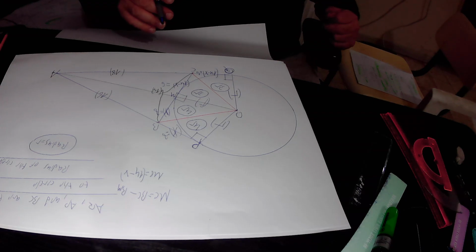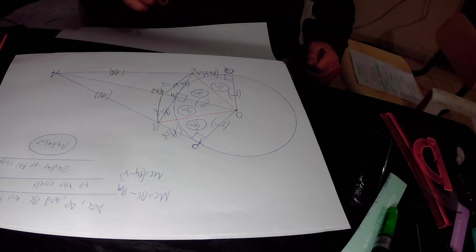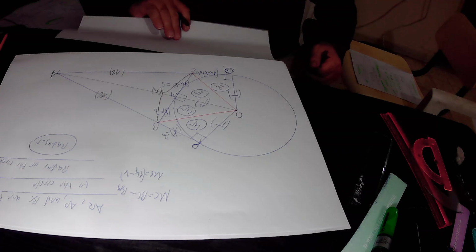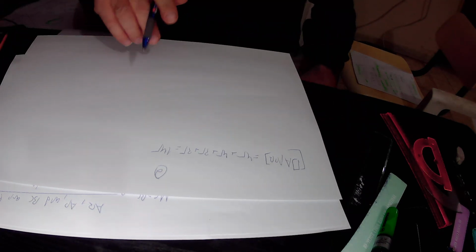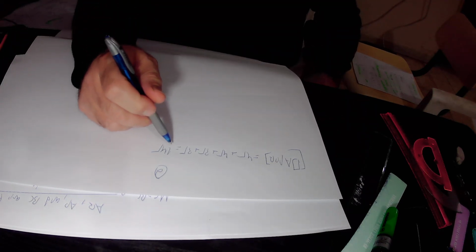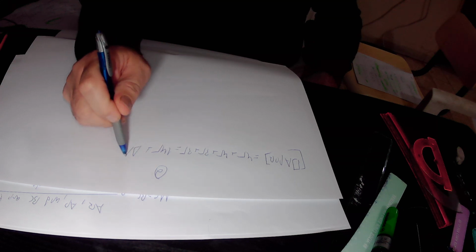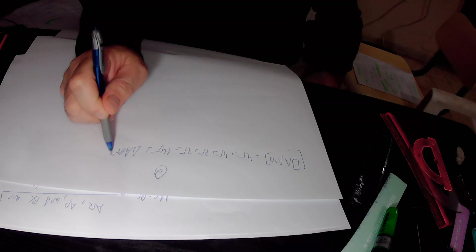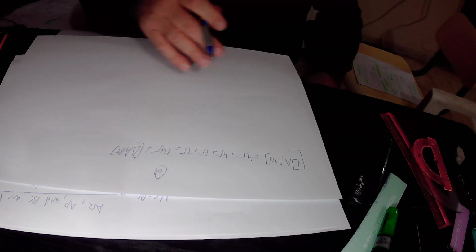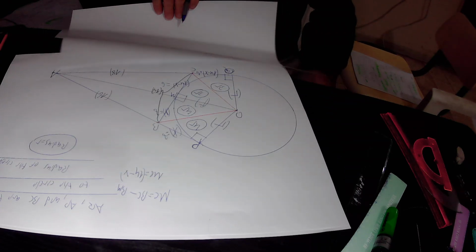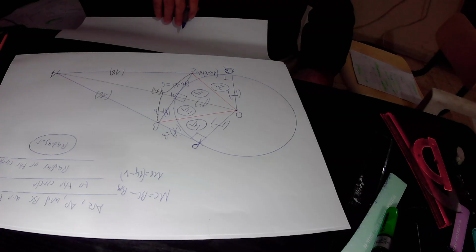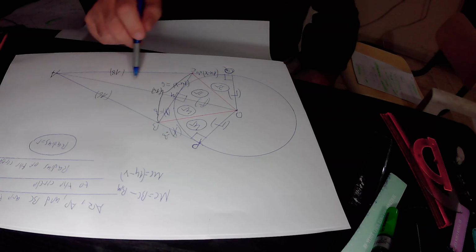Plus the area of this triangle ABC, the sum of those 5 components is the area of the big quadrilateral APOQ. Quadrilateral APOQ in total consists of 5 components: 1, 2, 3, 4, 5.